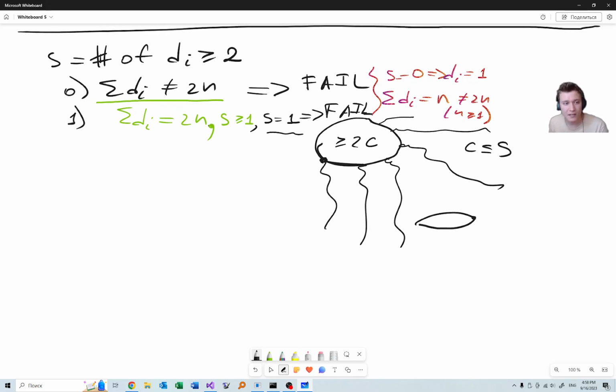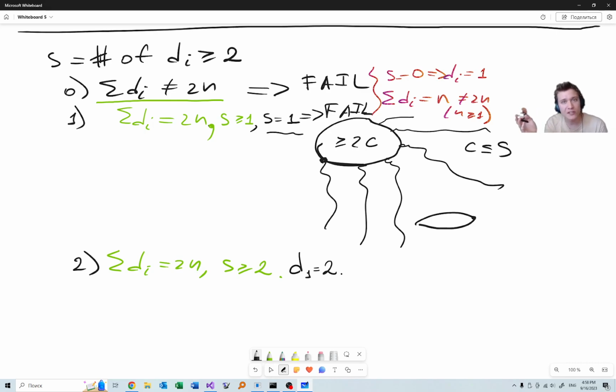As I said, after we have considered that case, we now assume that it doesn't hold. So now we have sum of di equal to n, and s is at least 2. This is what we know now. Okay, so now let's assume that d1 is 2.